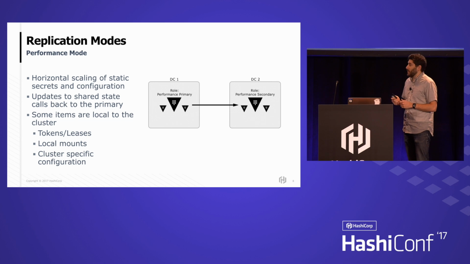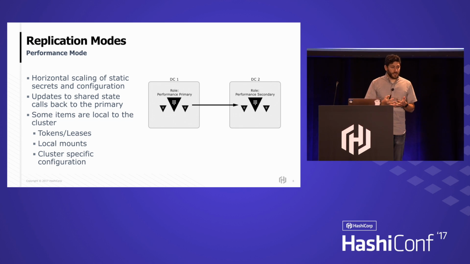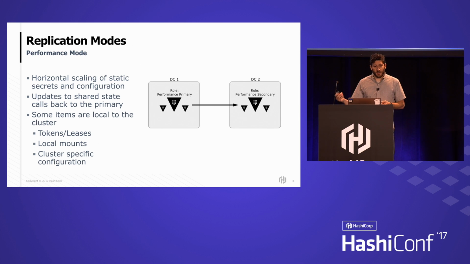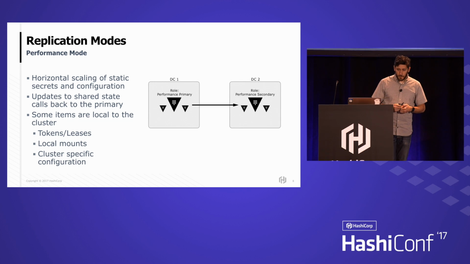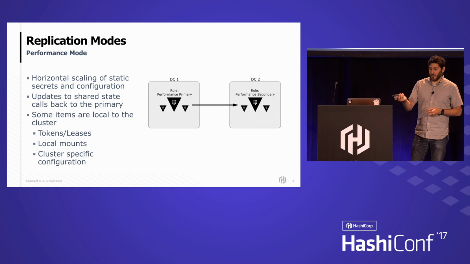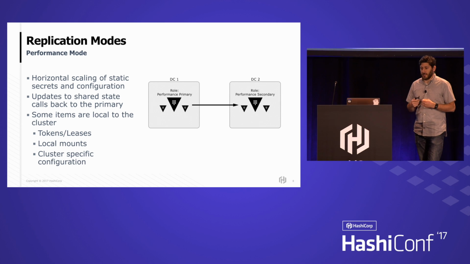In performance replication mode, updates to any of the shared state, so shared secrets or the configuration for them, have to be managed by the primary. So write requests are automatically forwarded back to the primary, and performance mode isn't meant to scale write requests. It's only for scaling read requests across multiple data centers.